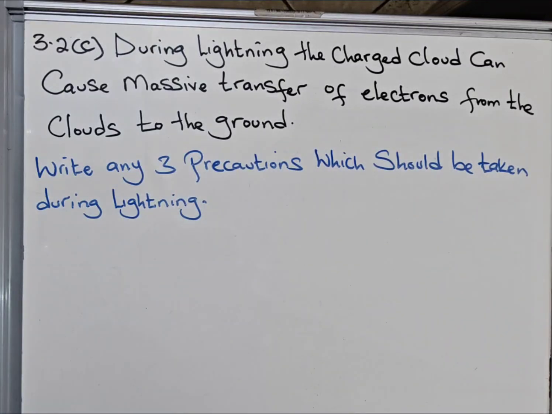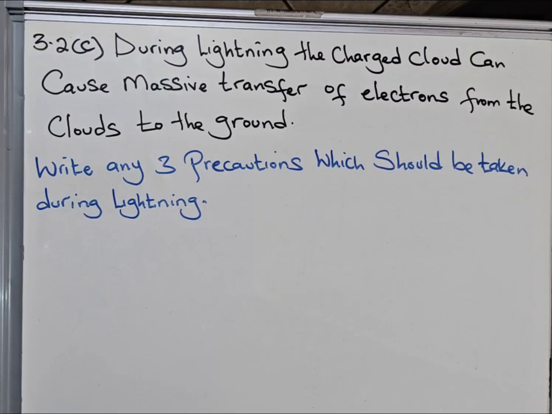What happens is that when the clouds are rubbing each other, at times electrons are transferred to the ground, causing what we call lightning. It's dangerous and it can be fatal.